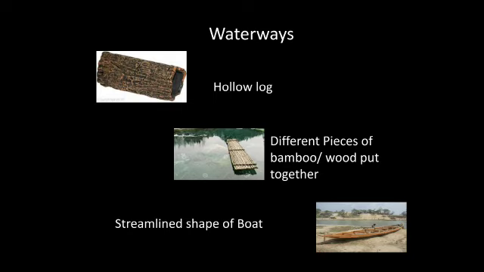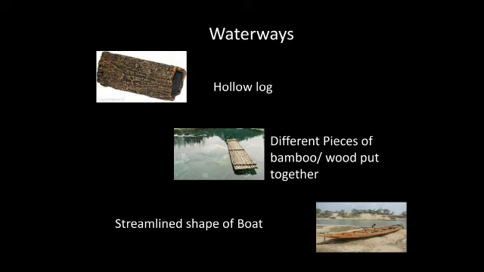Then they realized the log is not solving their purpose. I mean, more people needed to be transported from one place to another. Then what did they do? They tied more logs and bamboos together and made boats which could carry more people. That you can see in the second picture.